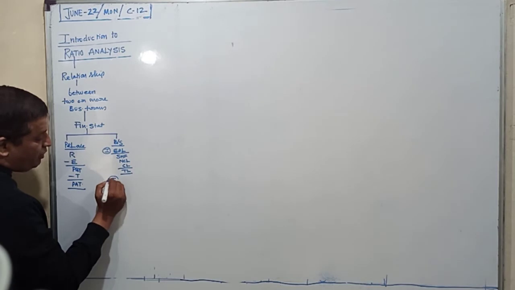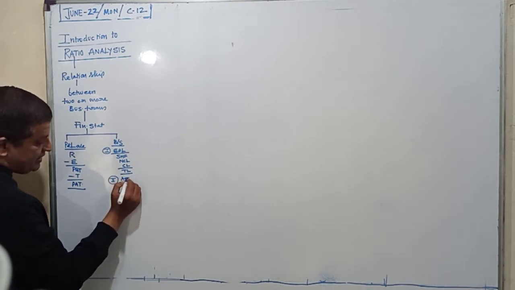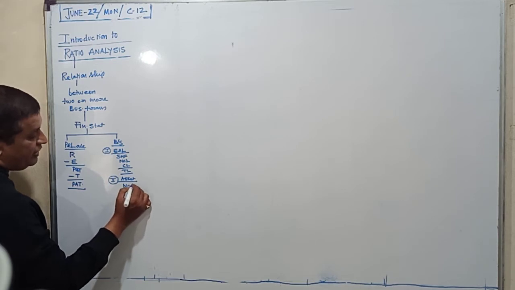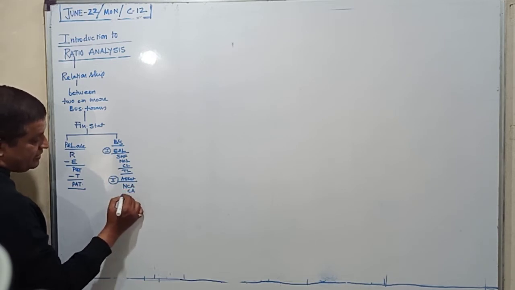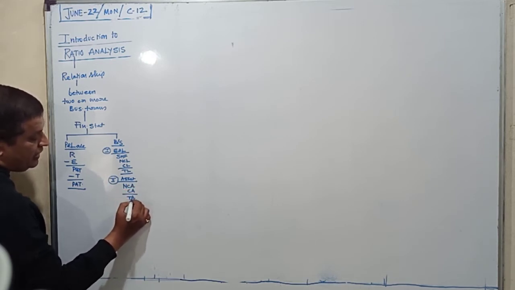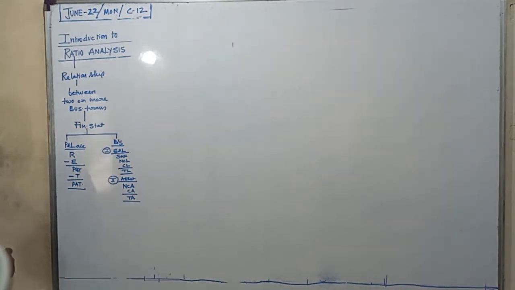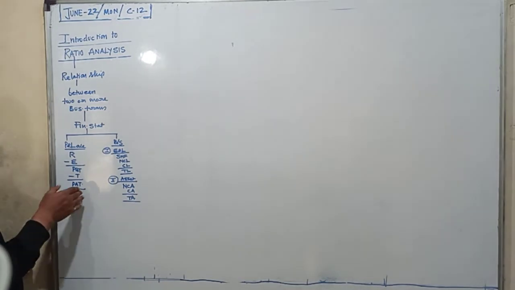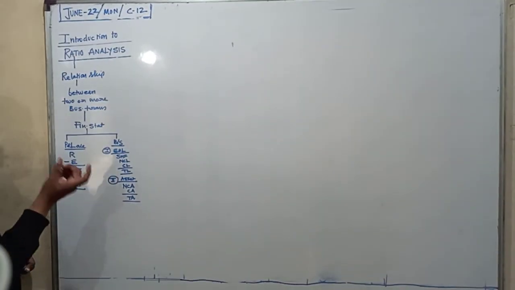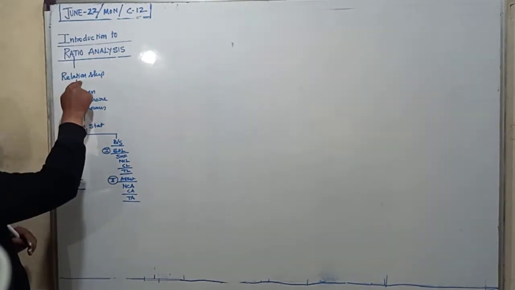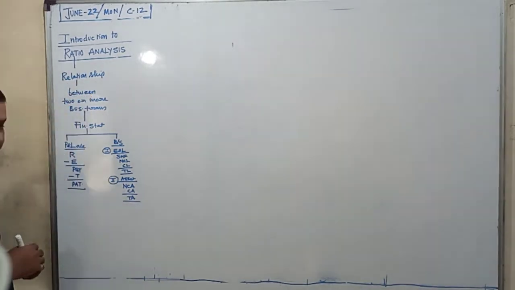When we come to part 2, we have assets: non-current assets, current assets, and total assets. So all the business transactions are taken from the profit and loss account or the balance sheet, and then we try to establish a relationship between the two transactions.